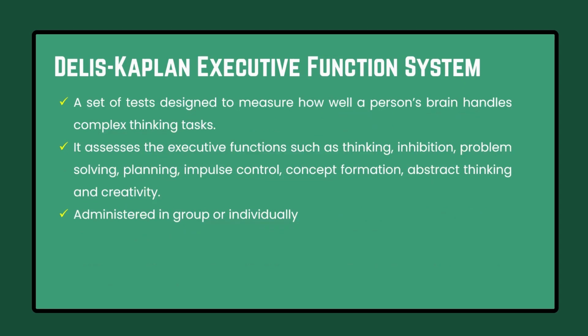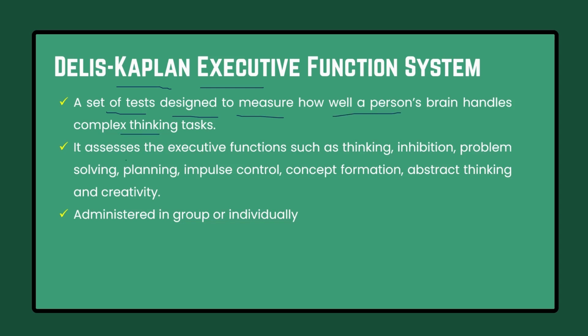Next we have the Delis-Kaplan Executive Function System. So from the name itself, you know it tests executive function. And what are the executive functions? The higher order brain functions like thoughts, emotions, and feelings. Okay. So this is a set of tests designed to measure how well a person's brain handles complex thinking tasks.